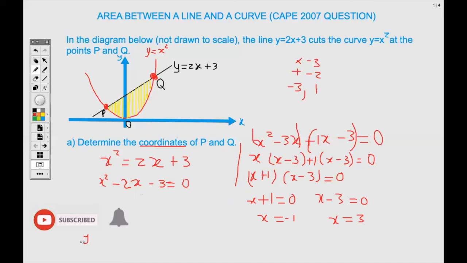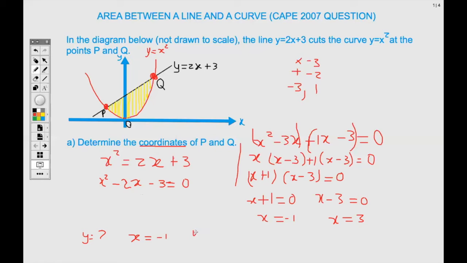So what we can do to get the y values is to go ahead and use either the function y equal x squared or the function y equal 2x plus 3. For me, I'm going to use y equal x squared to find what is the y value. So first I'm going to find y when x is equal to -1.